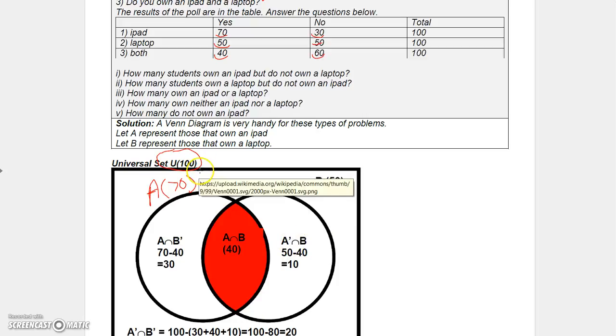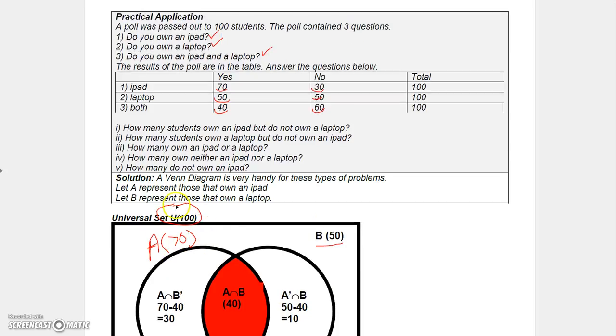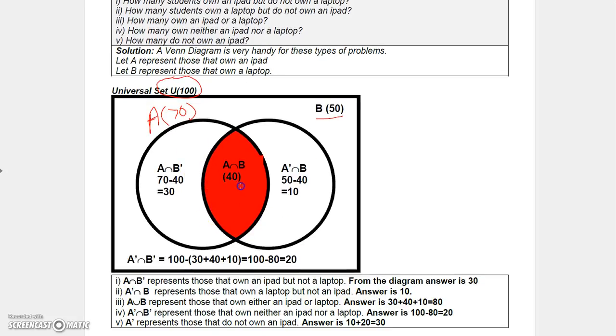But you might remember that 40 said yes to both, so there's 40 inside here. If there's 40 that own an iPad and a laptop, then there must be 30 here that own an iPad but do not own a laptop. How did I get that? I took the total of 70 in the A circle and subtracted the 40 and got 30.